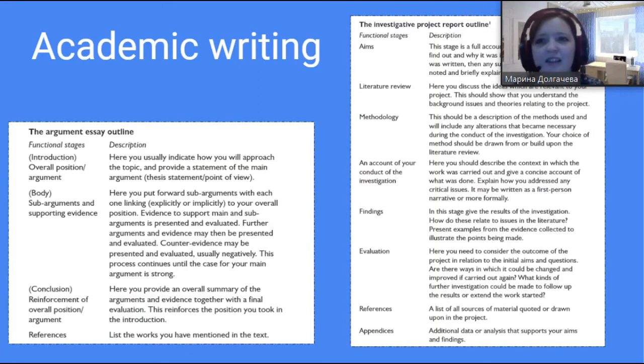Imagine that a student whose goal is connected with academic writing has a one-page homework assignment about writing an argument essay, or giving an investigative project report.